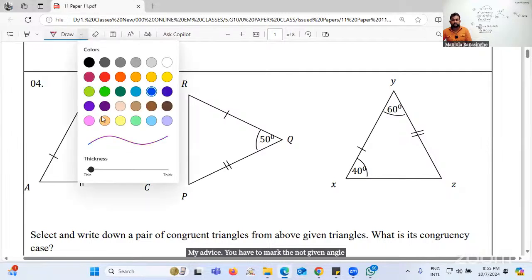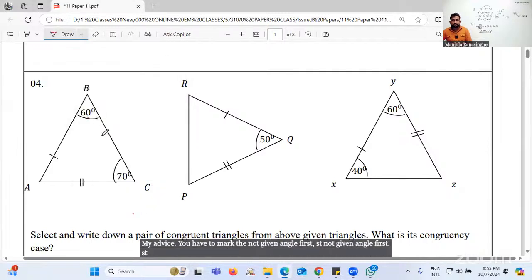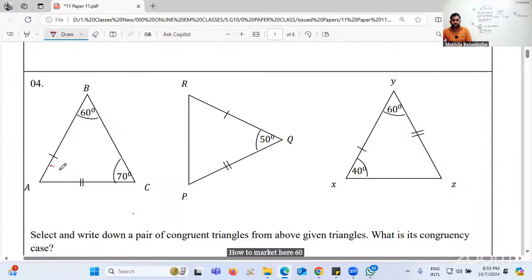Here 60, 70 are there. With the geometry, the angle sum adds up to 180. So 60 plus 70 becomes 130, so here it is 50 degrees. Here 60 and 40 make 100, so here becomes 80 degrees.